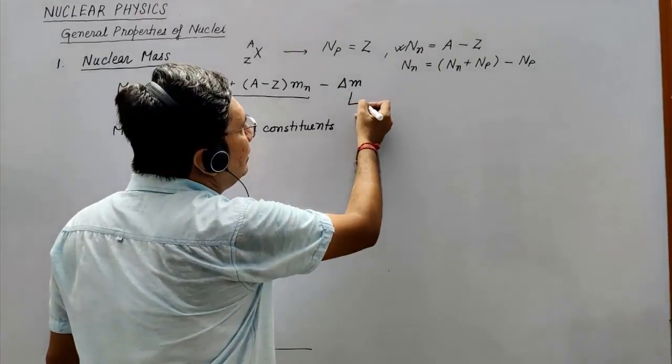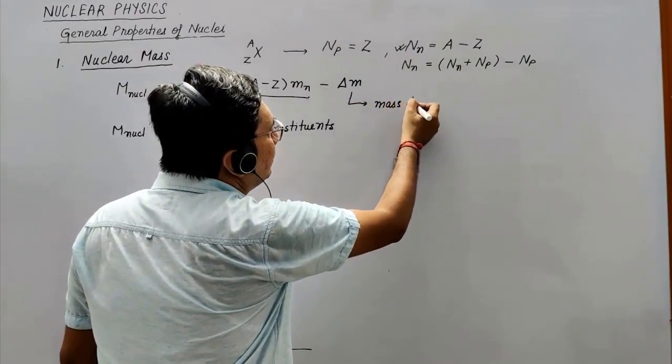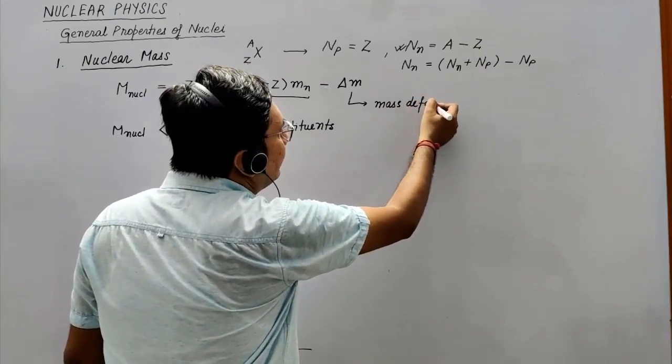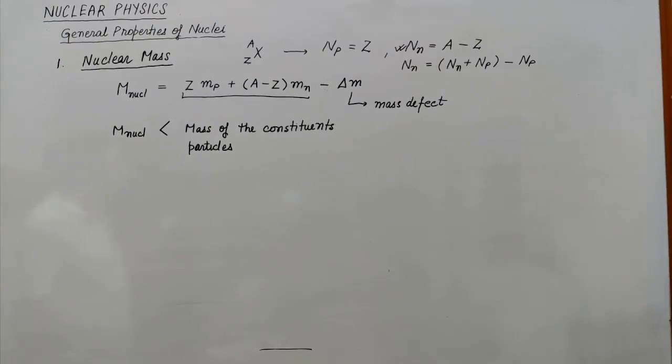This lost mass is known as mass defect. This mass defect will convert into energy.